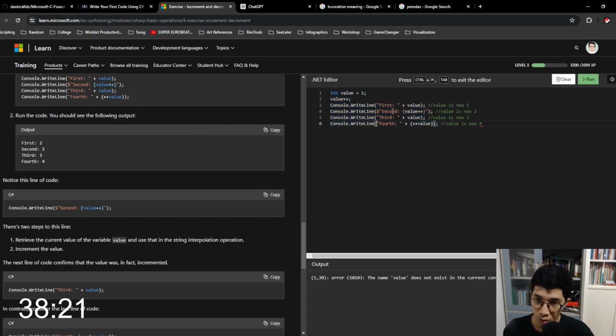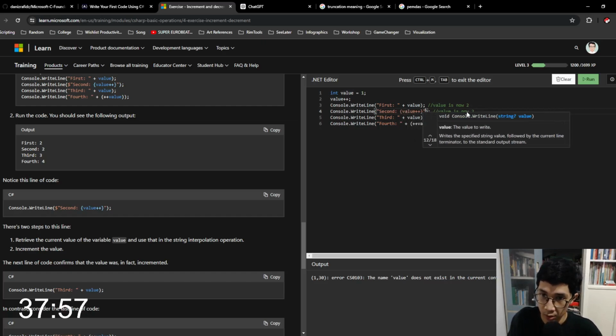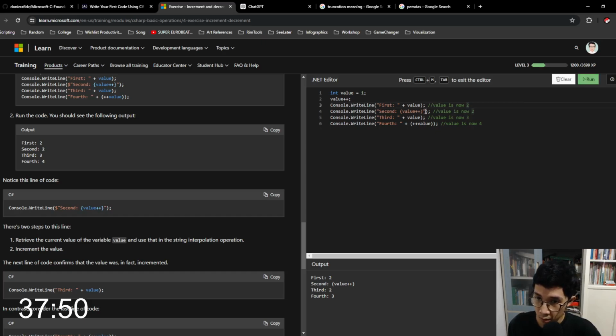Wait. Oh, I just noticed that the fourth line is using the dollar sign, which is interpolation, but why is the sixth line not using the same as the fourth line? It has to be interpolation, but I don't think so. It can be without the interpolation methods. So what if I put the normal parenthesis here? Will it work? No, it will not.